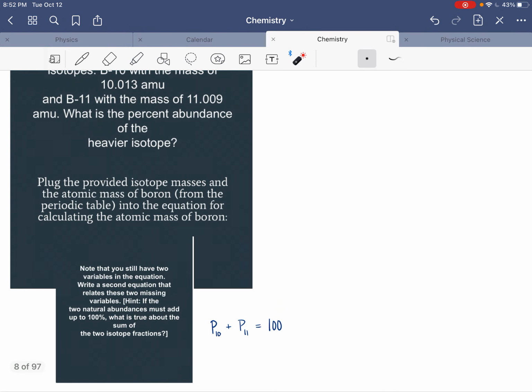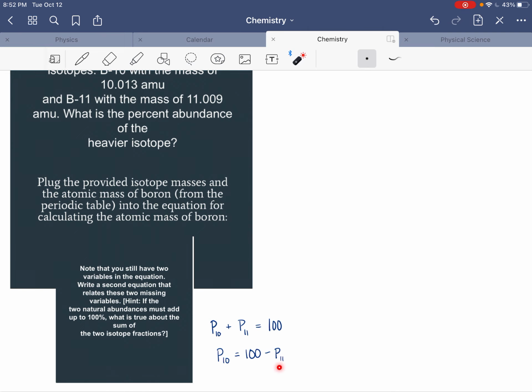Okay, so from this equation down here, I'm going to get P10 by itself. So I'm going to subtract P11 to the other side. So I'll have 100 minus P11. Okay, so this here is equal to P10.